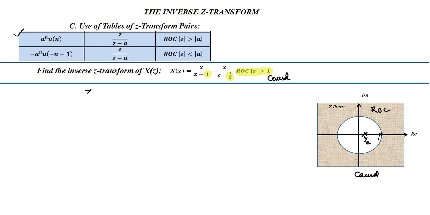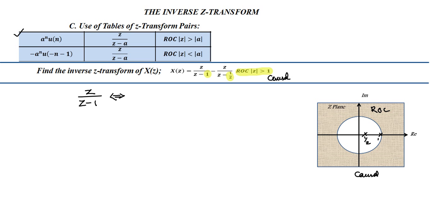So if you write z by z minus 1, there are two options, causal and anti-causal, but from the ROC we got the idea that both z by z minus 1 and z by z minus 1 by 2 represent a causal signal, because the ROC lies outside the poles, in the exterior of the poles. So you can write a raised to n into u of n.